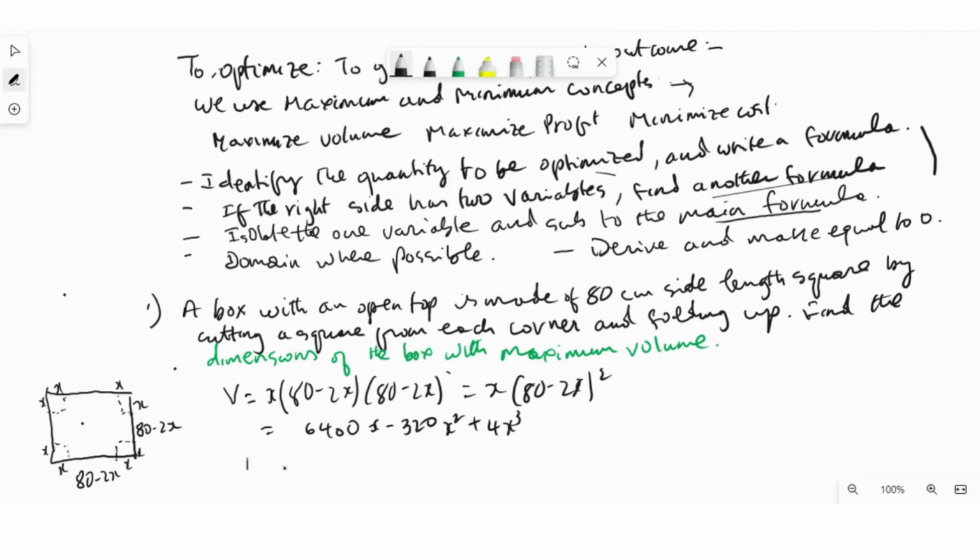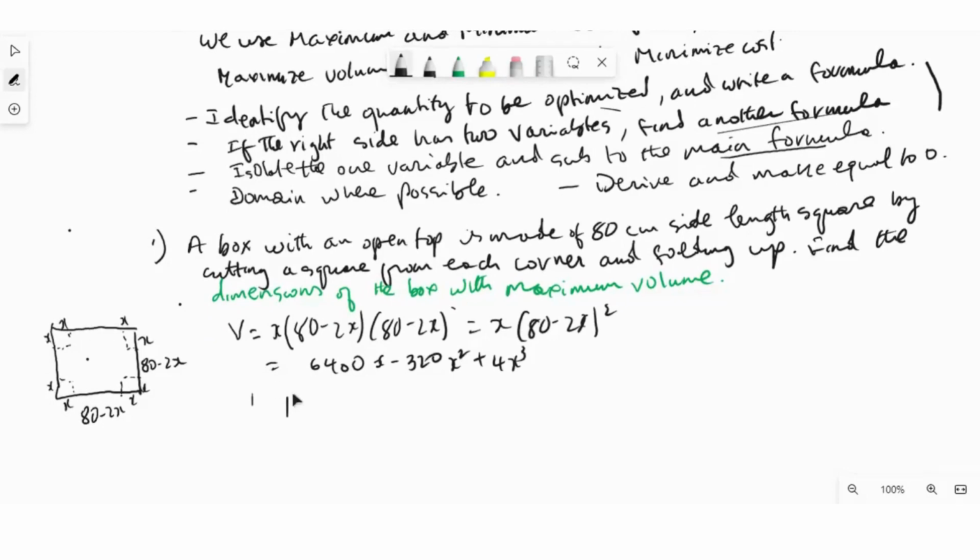The derivative of that will be dV/dx, derivative in terms of x, which is 6400 minus 640x plus 12x squared. Once we find the derivative, we make this equal to 0.